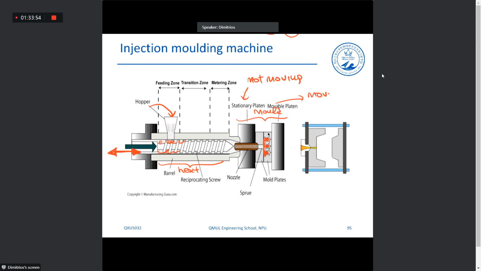Okay. And these are some products that can be injection molded. You can see that there is a very large variety of materials that can be injection molded. I told you that we can injection mold from very simple shapes to very complex shapes, okay? And that is why injection molding is very popular in the polymer processing industry.